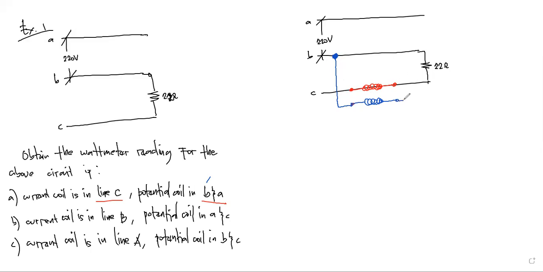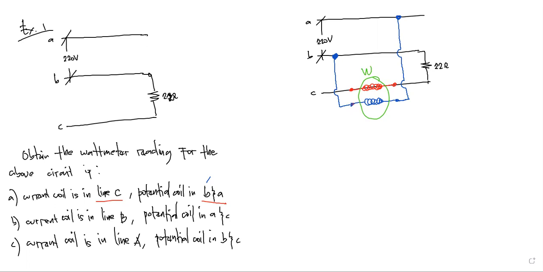Or you may opt to use another notation: the jumper is connected to B, and the right terminal is connected to A. Then this should be the wattmeter as positioned in letter A.